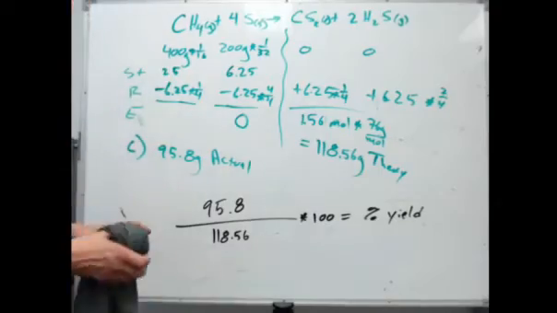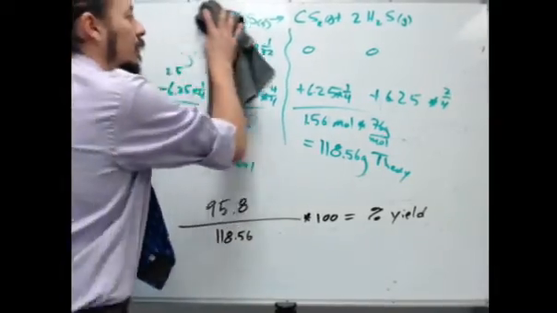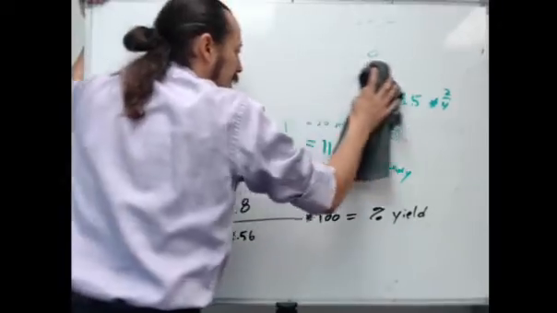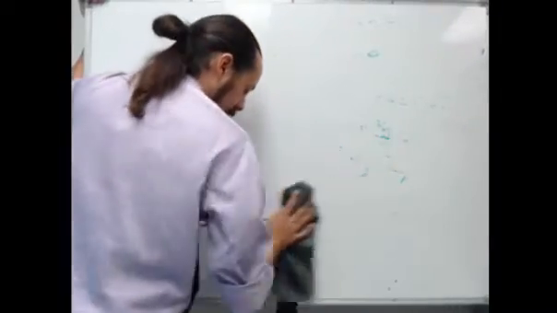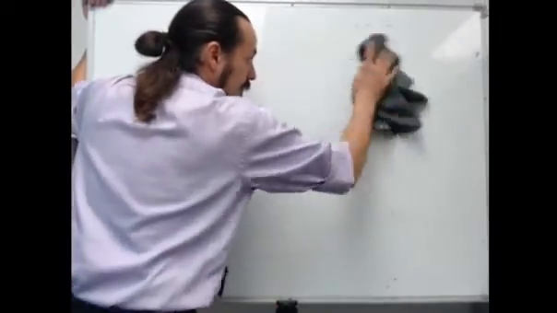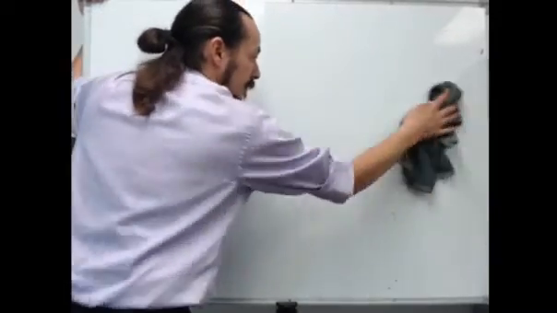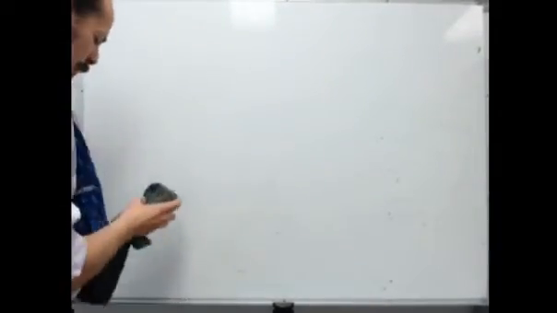Okay, 19B. It's the molarity of a solution. Okay, molarity of a solution containing 7.25 milligrams of calcium chloride per milliliter of solution. Whoa, okay.